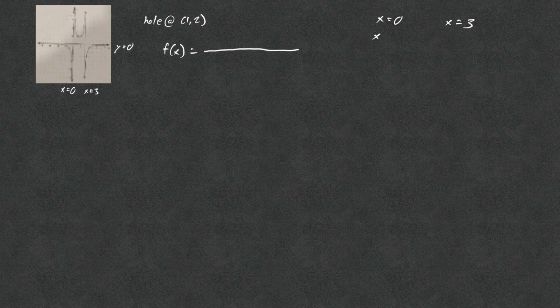So we reverse it. Well, x stays the same, but this is now x minus 3 equals 0. So the denominator is x times (x minus 3). Okay, so that part is out of the way.